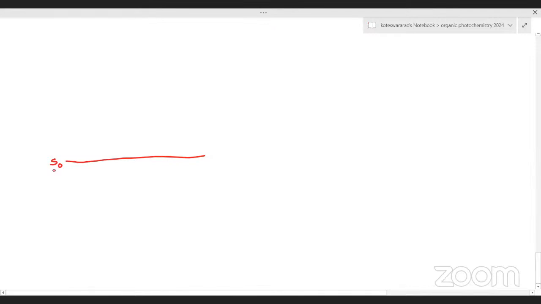This ground state, singlet state exists with the ground state of electronic states, the ground state of vibrational, and the ground state of rotational level. Right?